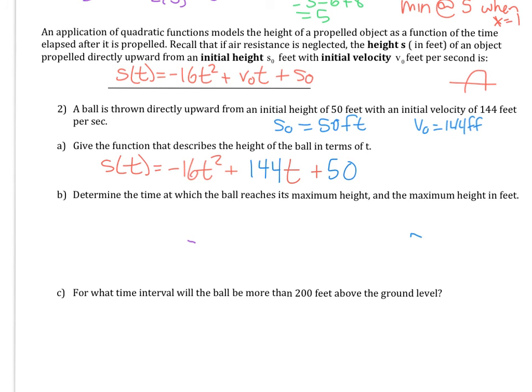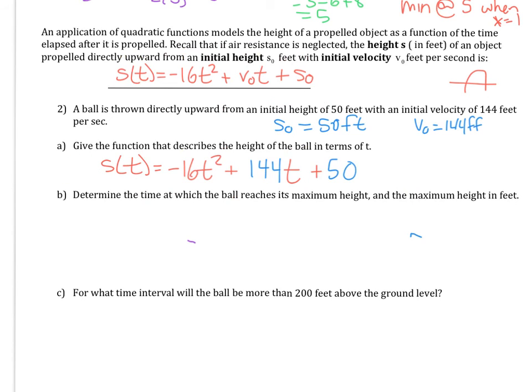So this is the equation that we're going to use for the rest of the problem. I do not expect that you memorize this formula. I would give you this formula on a quiz or a test, but I do expect that you would know how to use it, like in part A.